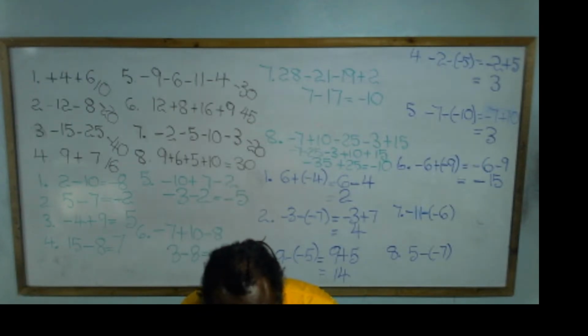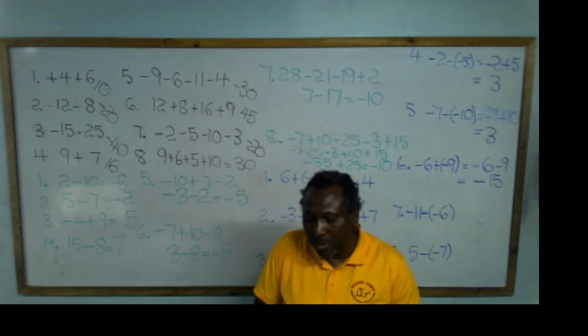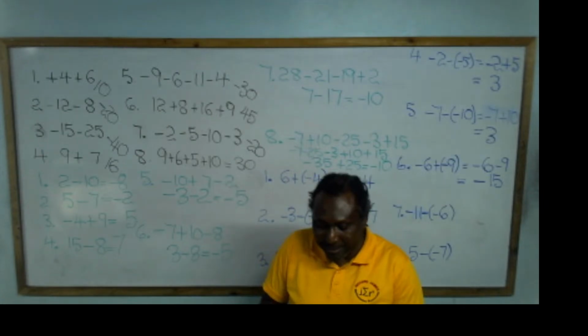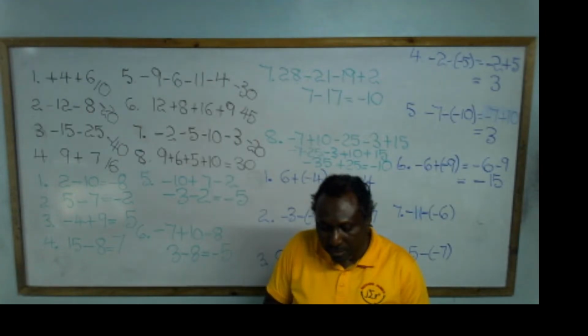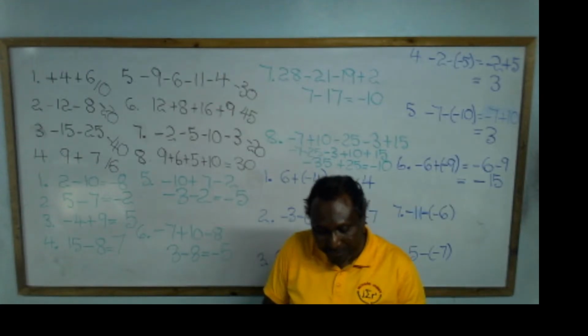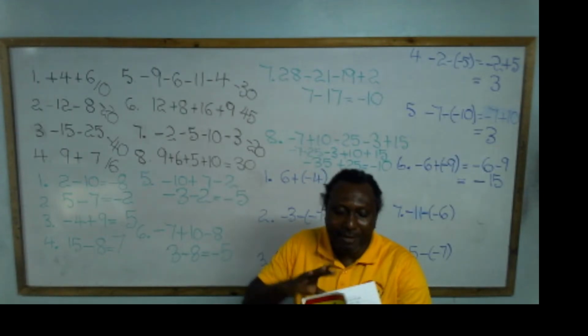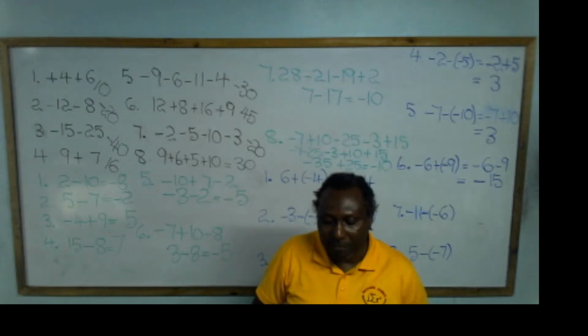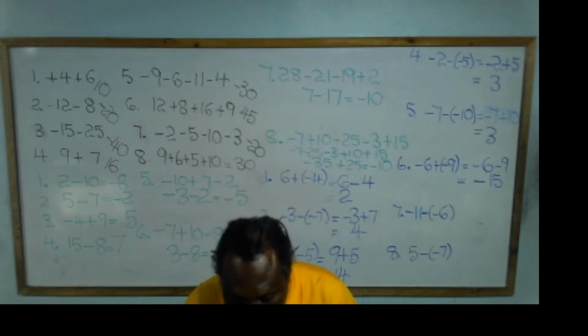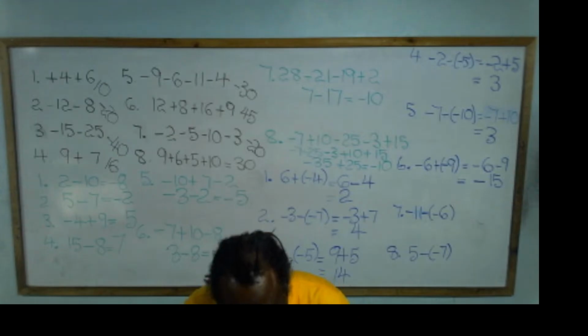Everything is worked out with the hand, whether you're doing the exercise in the book or the homework exercise. So we do it so that you can follow. We do all the necessary steps. That's not directed numbers, but I'm just giving you an indication. So everything is in your instructional manual worked out with the hand.